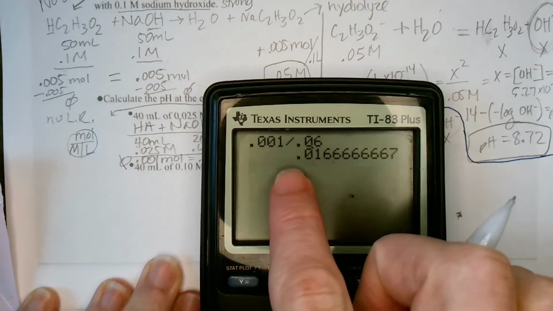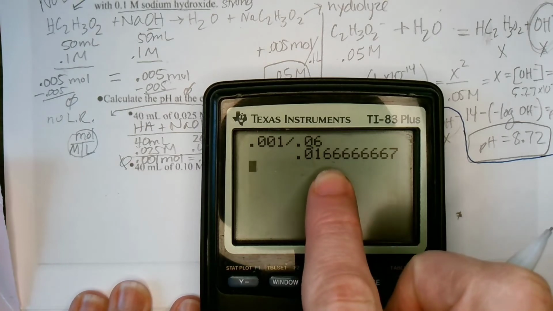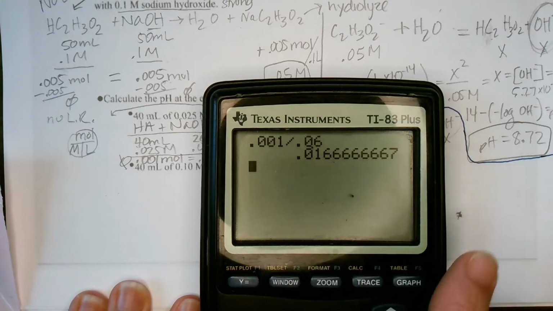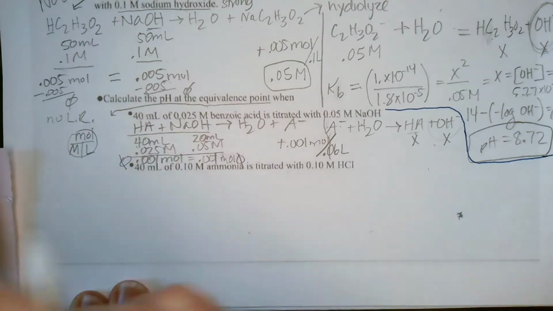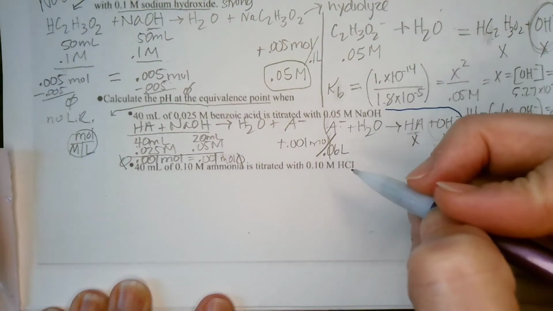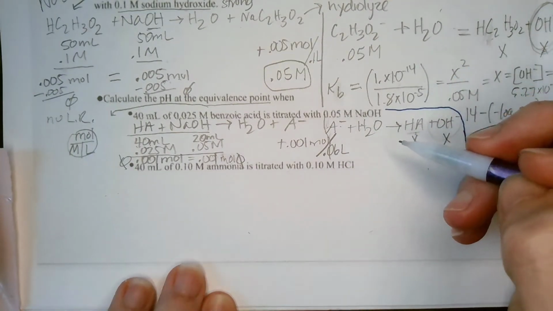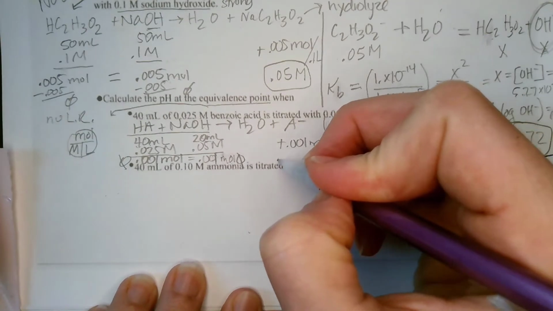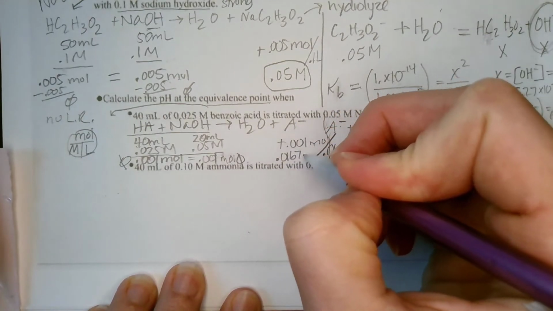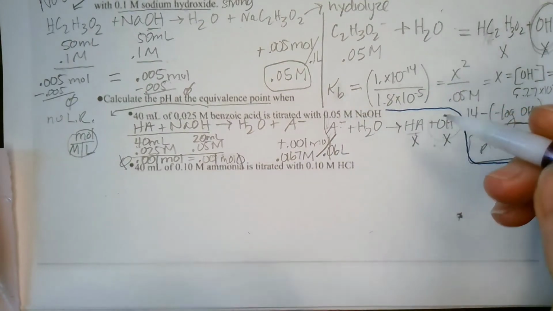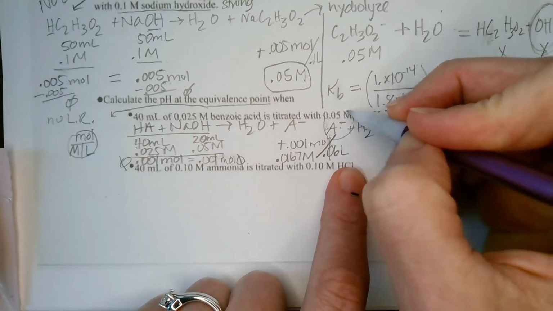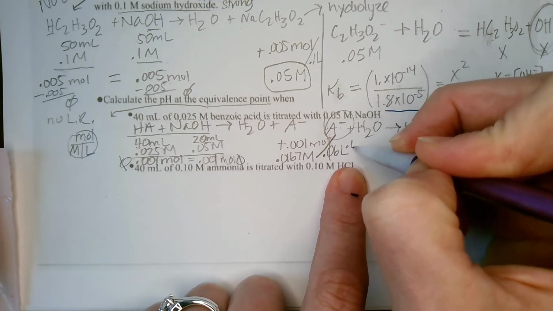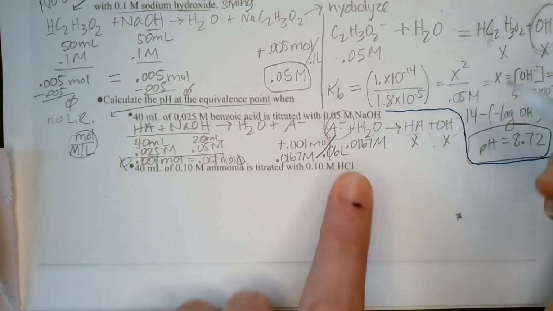We get a concentration of 0.0167. So our concentration for A minus is 0.0167 molar.